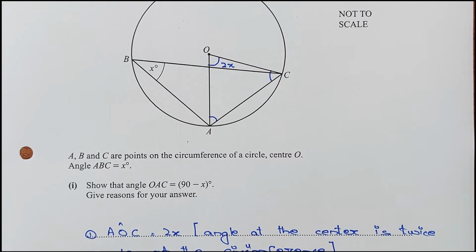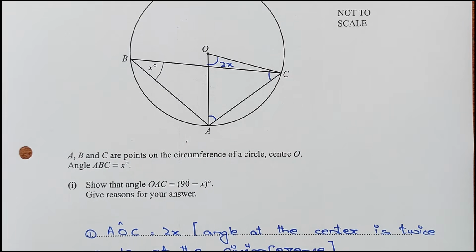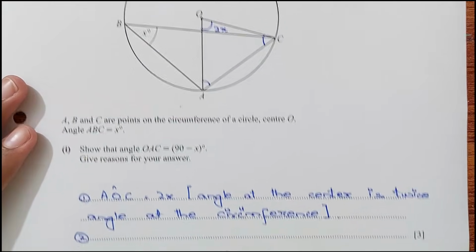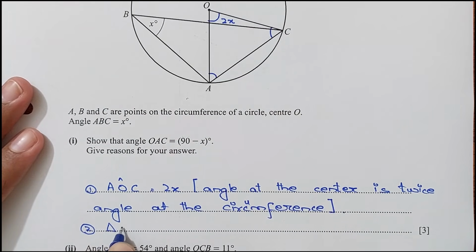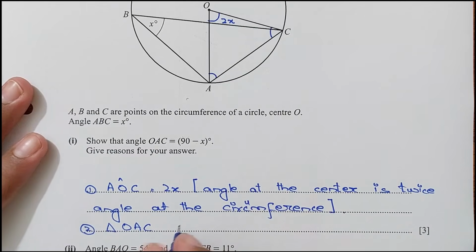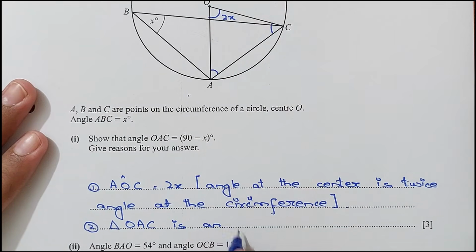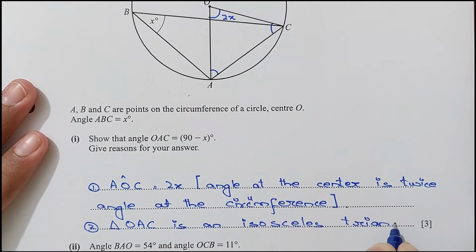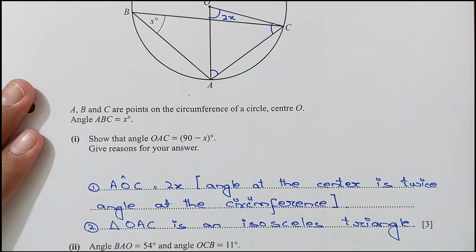Now using the concept of an isosceles triangle, we know that the triangle OAC is isosceles. The two sides and two angles are the same. So let me work on the third angle.